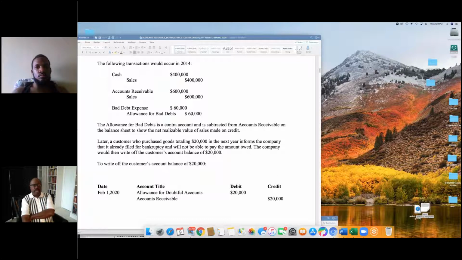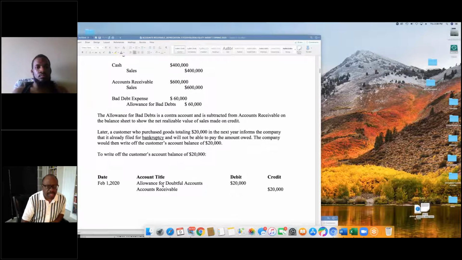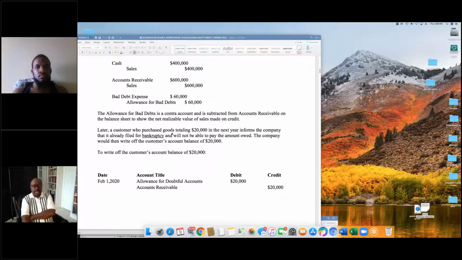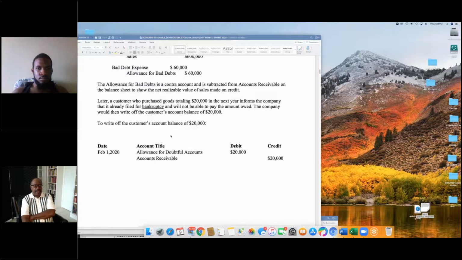You couldn't credit accounts receivable when you first made the entry because you didn't know who was not going to pay. Once you determine who those companies or individuals are, you debit the allowance and credit accounts receivable. So the allowance is just a holding account until we can determine who's not going to pay. Then we credit that person's account.